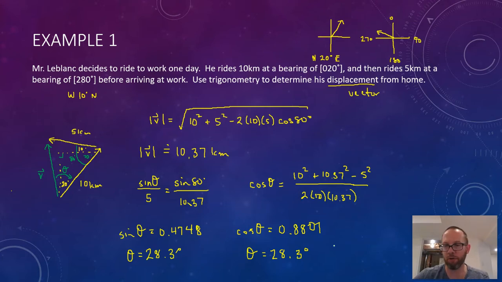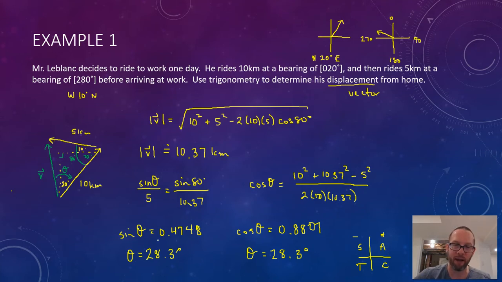But I'll just stress one more time, and this is something you've learned. The cosine law, because cosine using the CAST rule, C-A-S-T, cosine is positive in the all quadrant and negative in the sine quadrant. So you'll get a unique value, it just depends on whether you get the cosine of positive or negative. You'll get one answer. However, the sine law, the sine ratio is positive in the all quadrant and the sine quadrant.